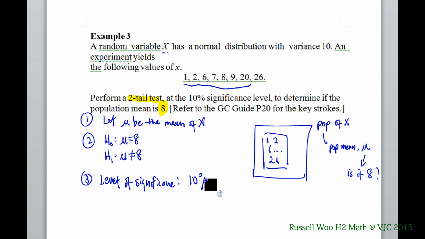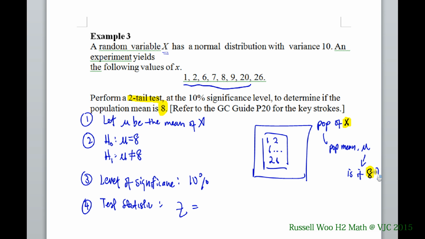Okay, enough said. Step 4, we look at a test statistic. And usually, we will write it as Z. If X follows a distribution, you want to determine whether the mean of X is 8.